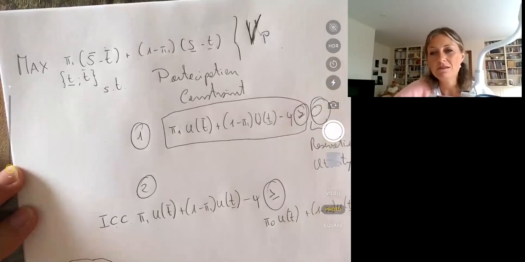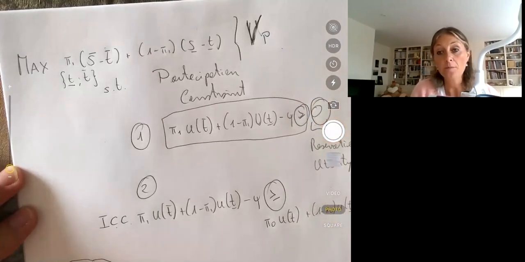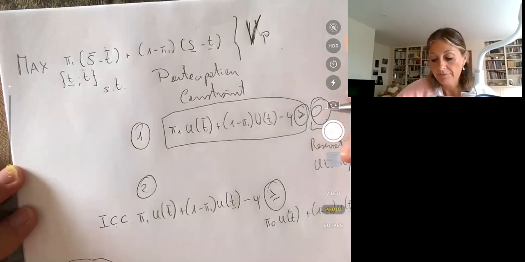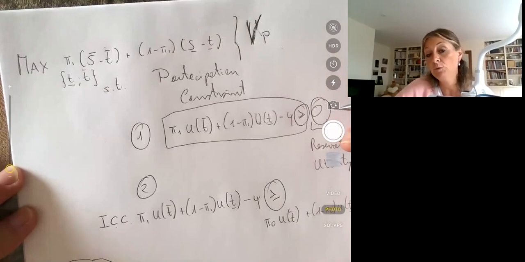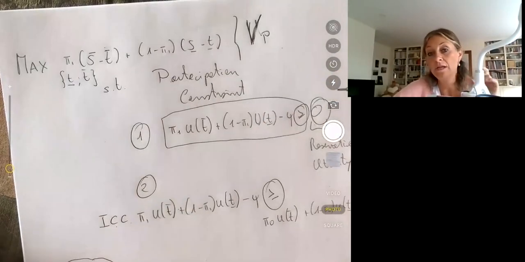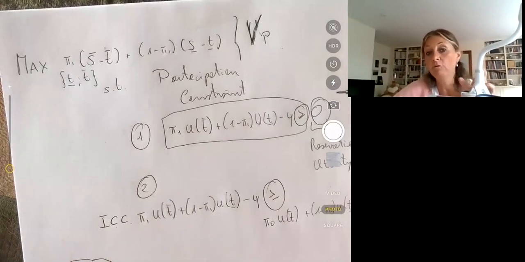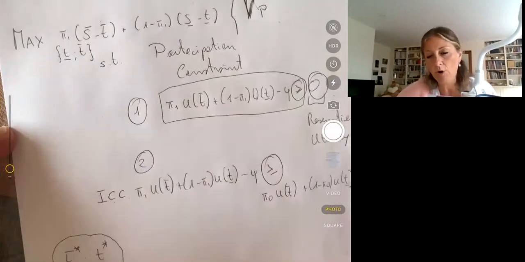Now, for this to happen, as you can see, we have an inequality sign here. So in order to use this constraint to solve and to find an optimal specific value for T upper bar and T lower bar, this constraint must hold as an equality. Then we will have two equations, number 1 and number 2, in two unknowns. And we know that we need to simply solve 1 for T upper bar and 1 for T lower bar in order to find our values, our reward schedule, our optimal contract.